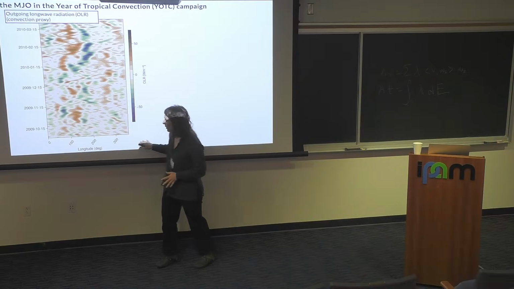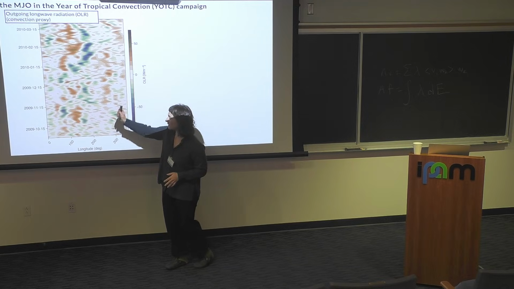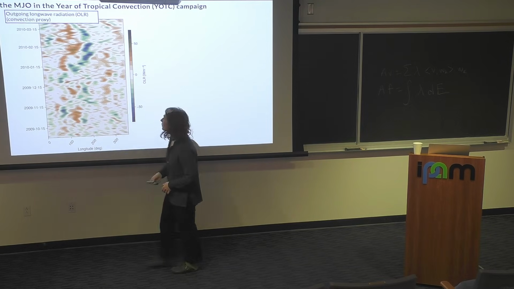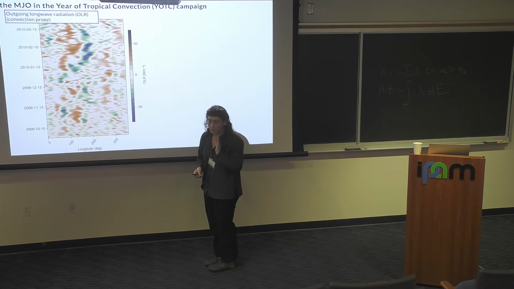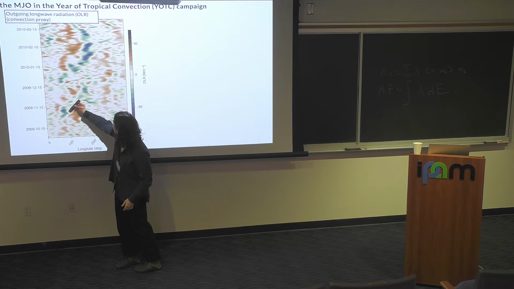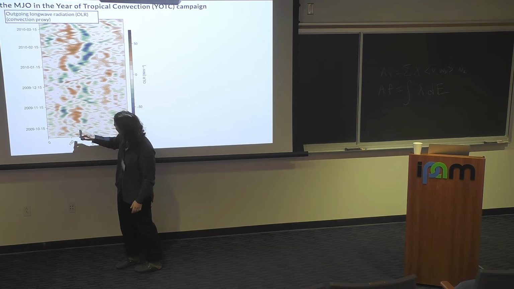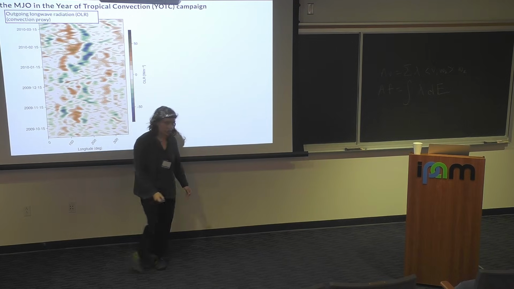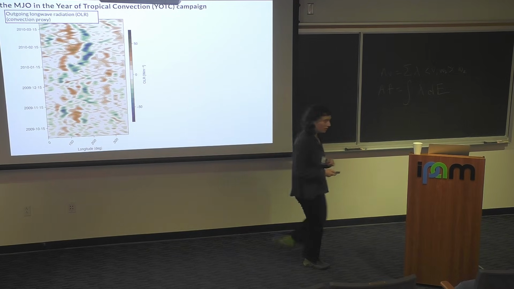You have longitude on the x-axis, time on the y-axis, so that eastward propagation will go this way. And there are 2 fairly well-defined MJO events here. You can see this first one originates here, mid-October, and propagates with the following dry, and one right here, although this has some convection that stays paused.